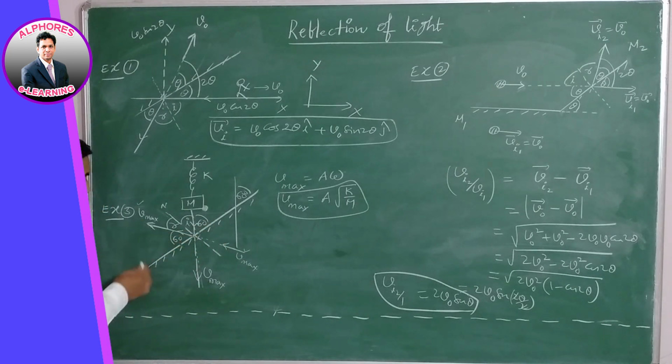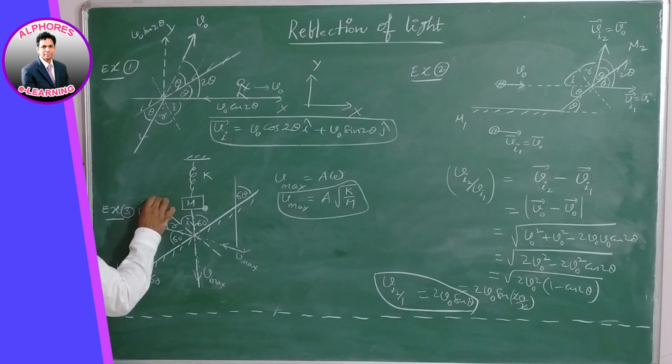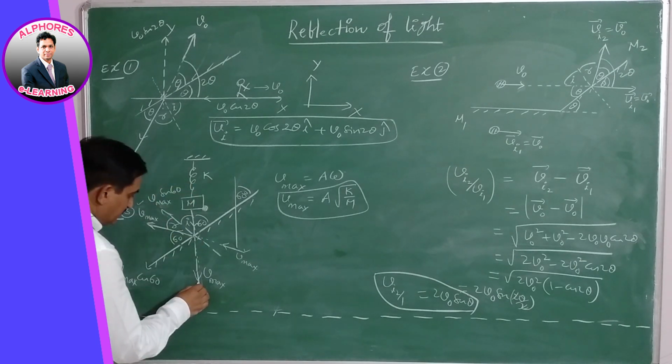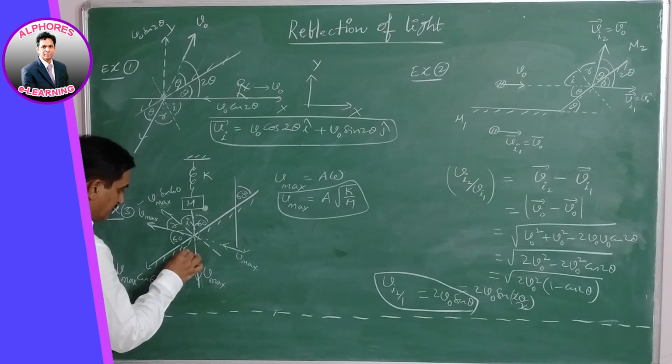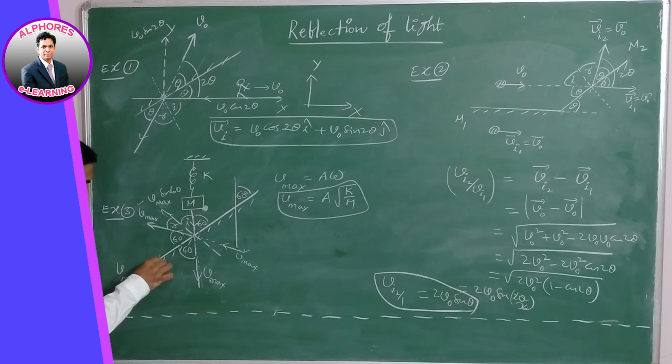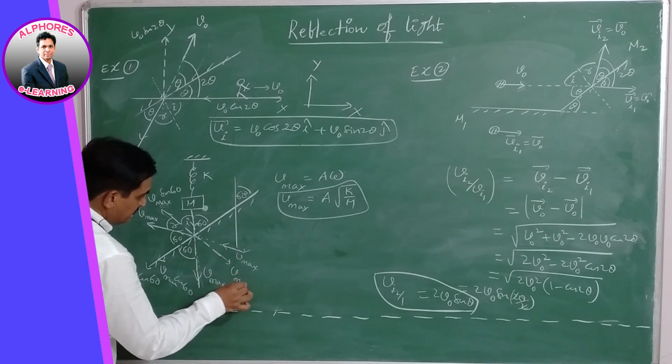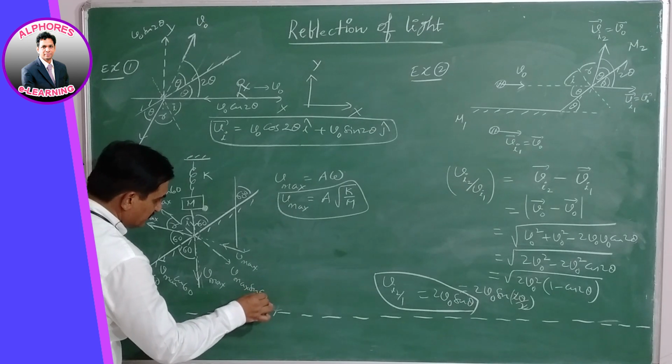Now resolve this one. So Vmax cos 60 in this direction, and along the normal, this is Vmax sin 60. Similarly, this is Vmax, here 60 degrees, this is also 60 degrees. Resolve this in this direction: Vmax cos 60, and in this direction, Vmax sin 60.